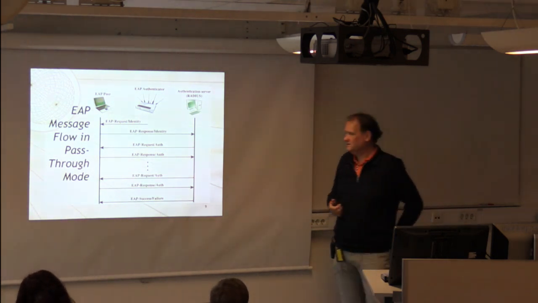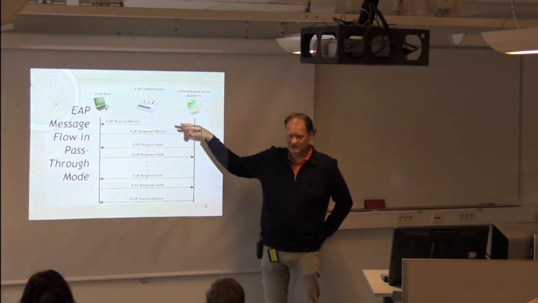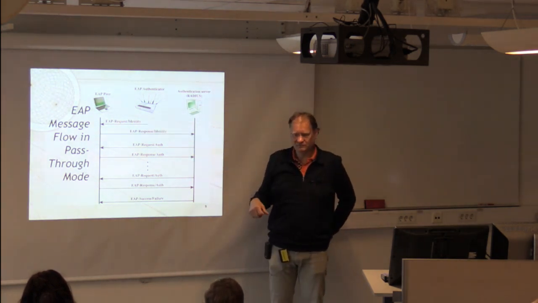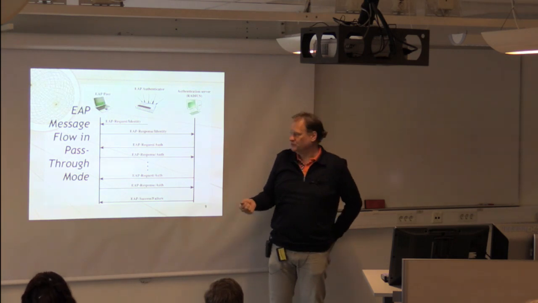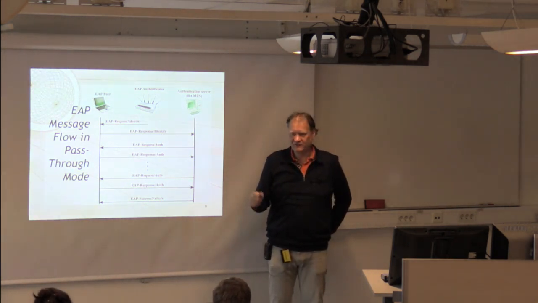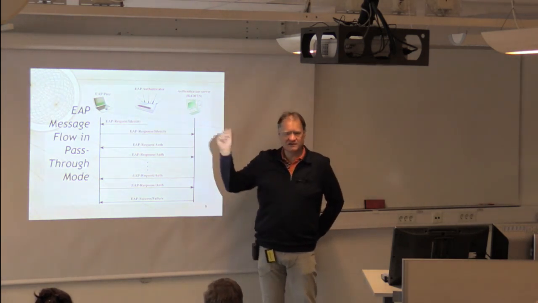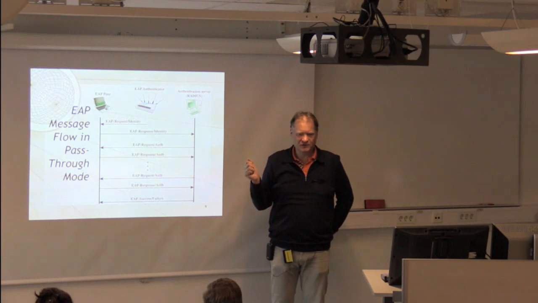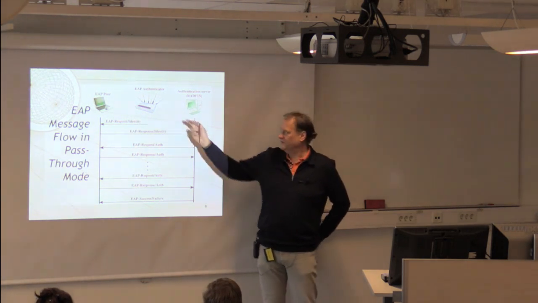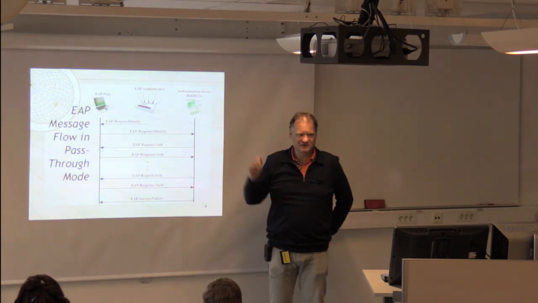But the reason is that below this we have EAP over LAN. And that protocol will see that someone is connected to the network. And at that level, there will be a message sent to the authenticator saying something connected here on the physical network. And then the authenticator says, okay, now you have to identify yourself. That's the first thing that happens at this level.